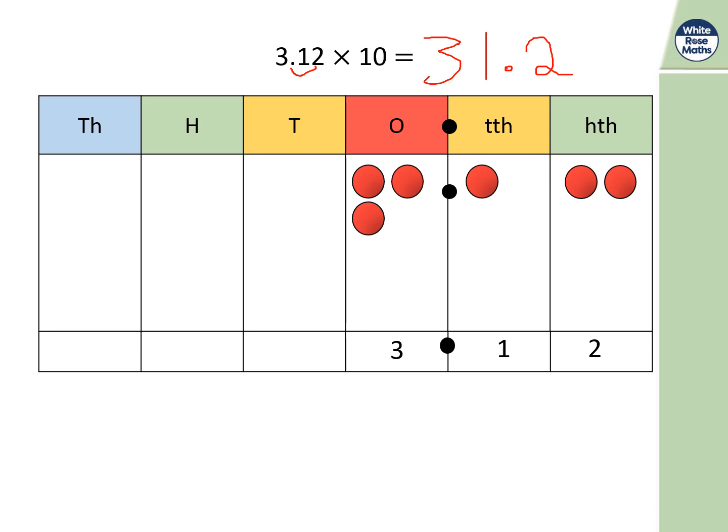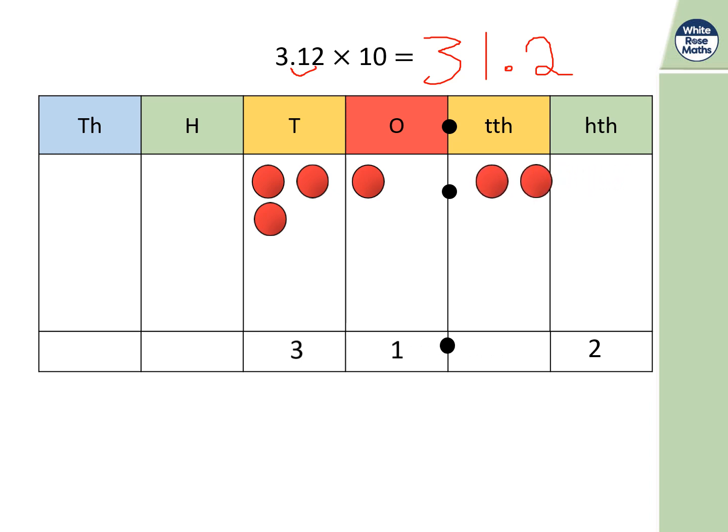So this is obviously showing it pictorially, looking at the place value digits. Everything moves one place to the right, so the decimal point has moved one place to the right, because it was initially here and it's now moved here.